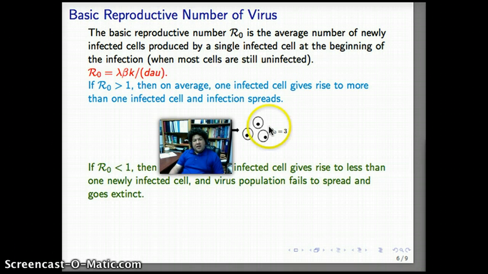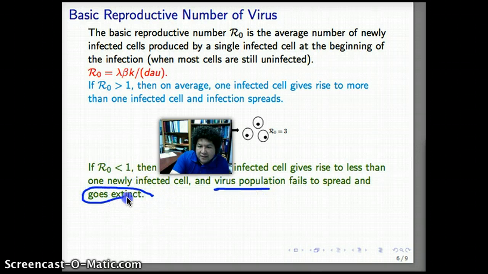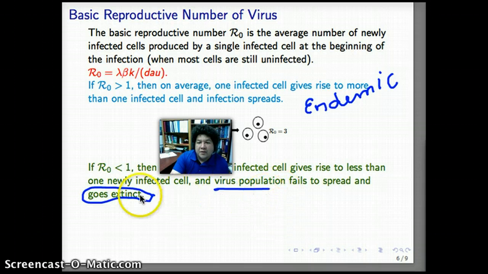On the other hand, if on average one infected cell fails to give rise to another newly infected cell, then the virus population will go extinct. So it's an extinction of virus. Okay, so this first scenario has to do with the endemic steady state or endemic equilibrium being stable, while the second scenario has to do with something which we say is infection free.